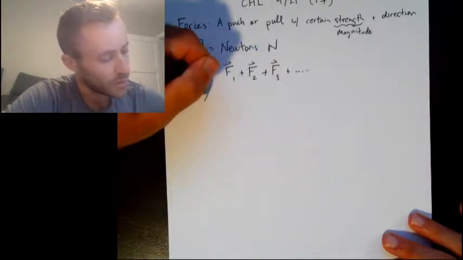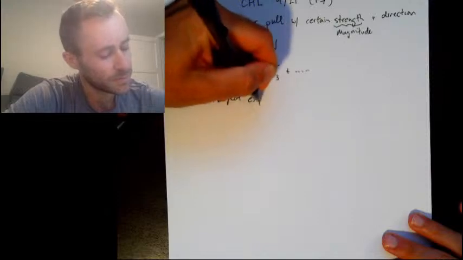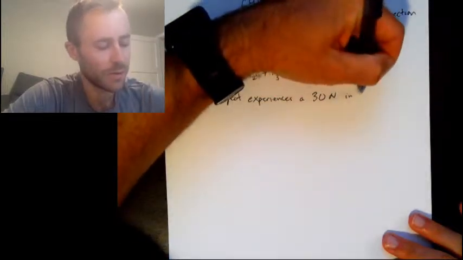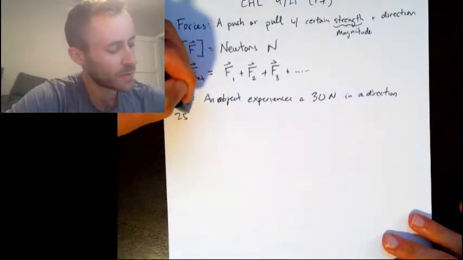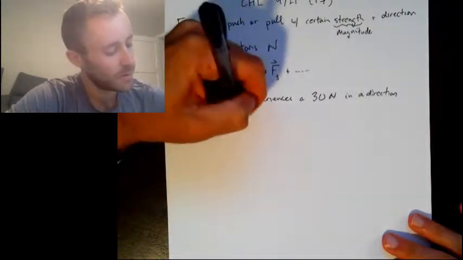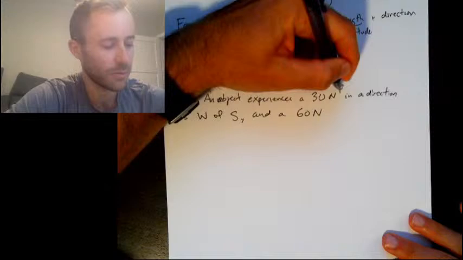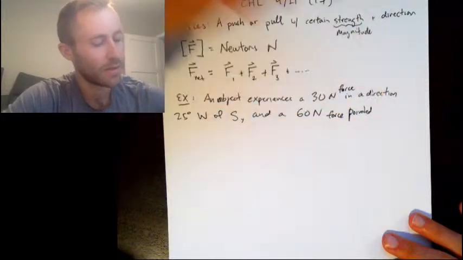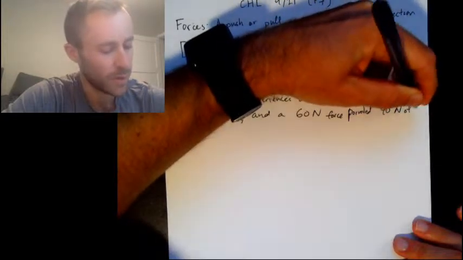So let's do some examples for how to manipulate forces. Let's suppose an object experiences a 30 Newton force in a direction 25 degrees west of south, and a 60 Newton force pointed, let's say, 40 degrees north of west.